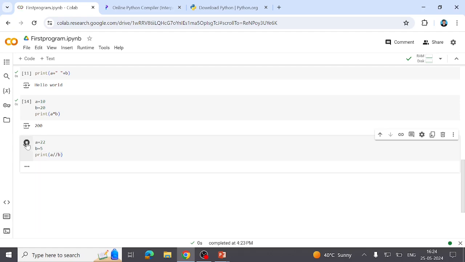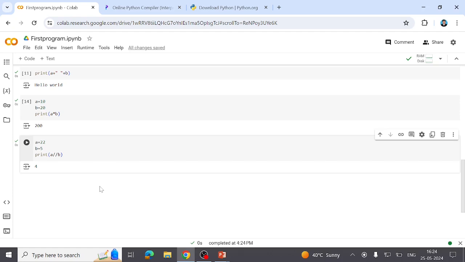Now you can see only the value before the decimal. When we perform the division of two numbers, for example A divided by B, two results are generated: one is quotient and another is remainder.